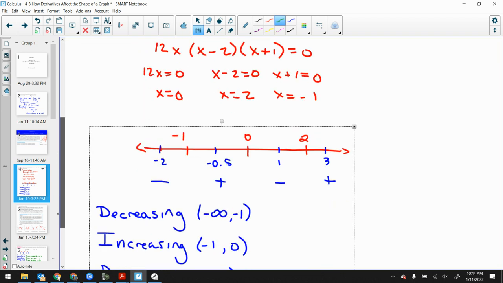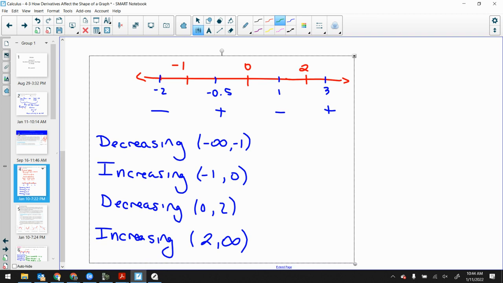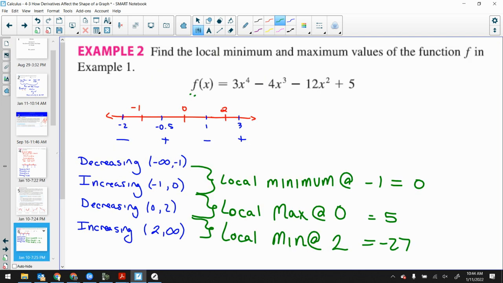That will tell you where you should run your increasing decreasing test. And then we choose points to the left and to the right and in between, and see where it's positive and negative, because that's where it's going to turn from increasing to decreasing. And that will inform us where the minimums or maximums are occurring, if they are.